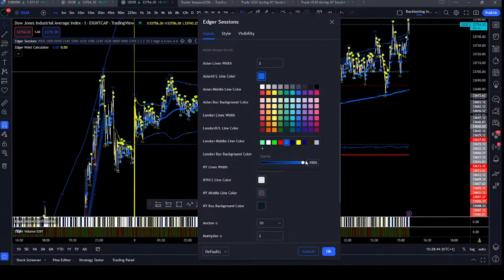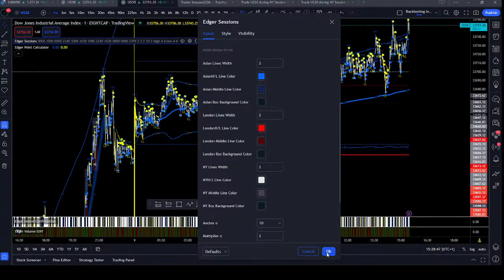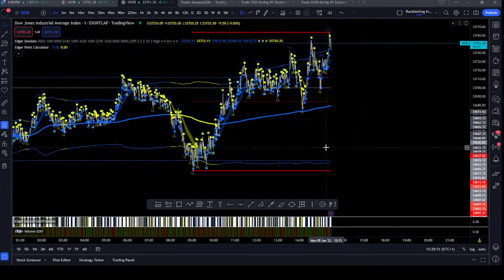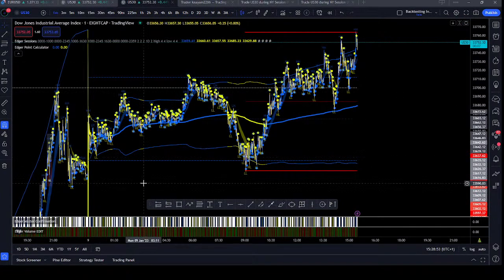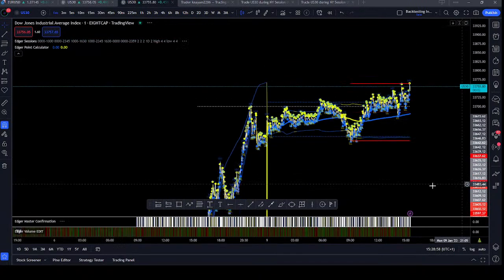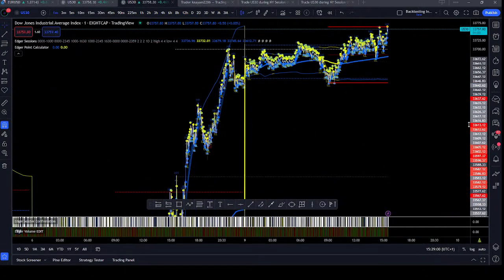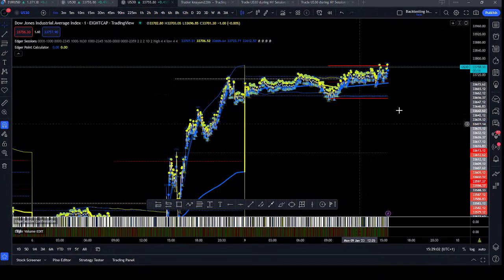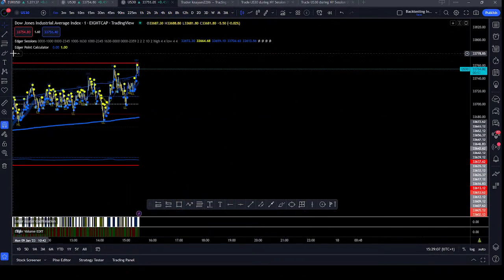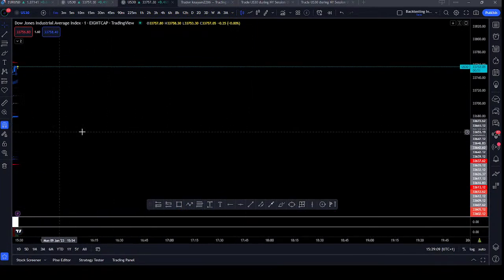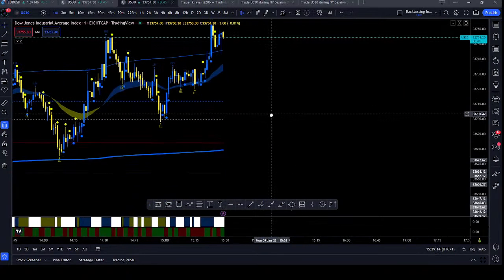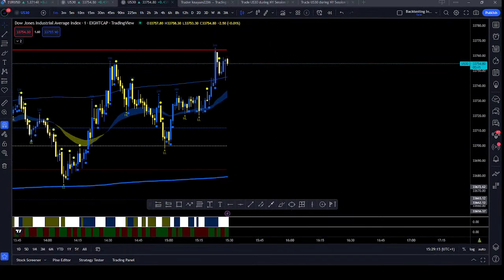Something is wrong here. So yeah, these are the settings for my system. The blue lines are the high and low for the Asian session. The white lines are the high and low from Friday's New York session, and the red lines are for today's London high and low. We are going to be looking for trades on the 1 minute time frame after the market opens. That is going to be in 15 seconds.